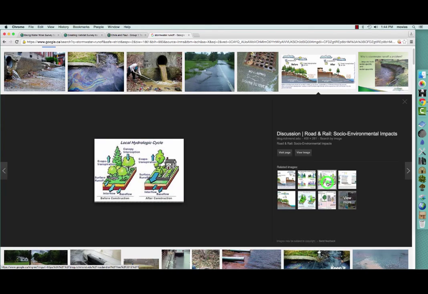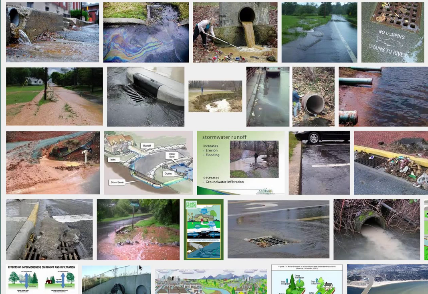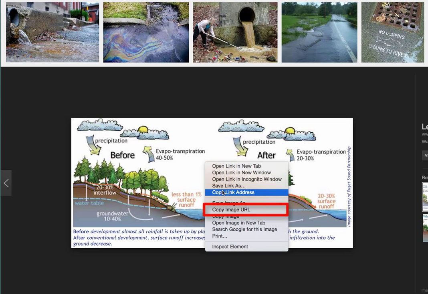And it looks like this other one is in here too. So same kind of idea, sort of before and after. If you want to pick an image to use, let's say this first one, what you can do is right click on it and copy the image URL.